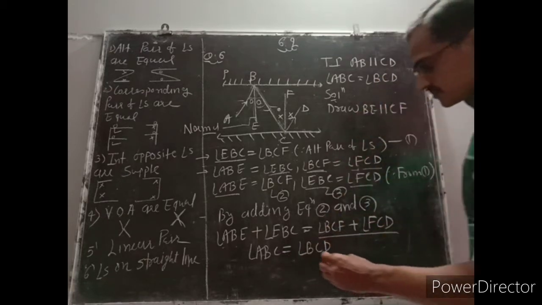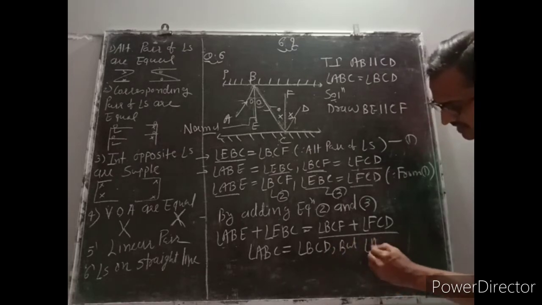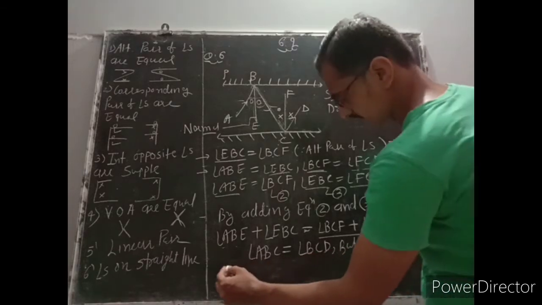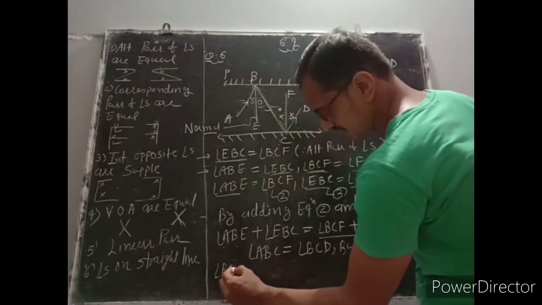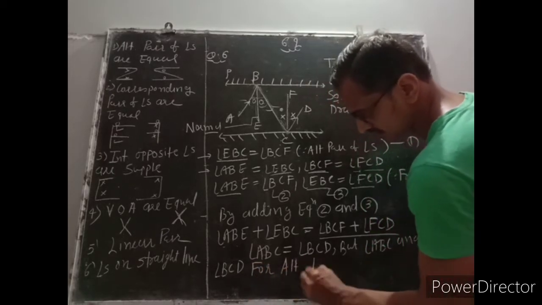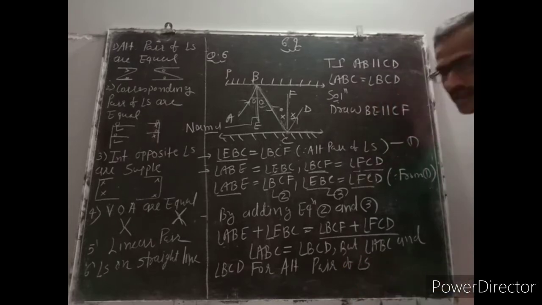Okay, but angle ABC and angle BCD form alternate pair of angles.